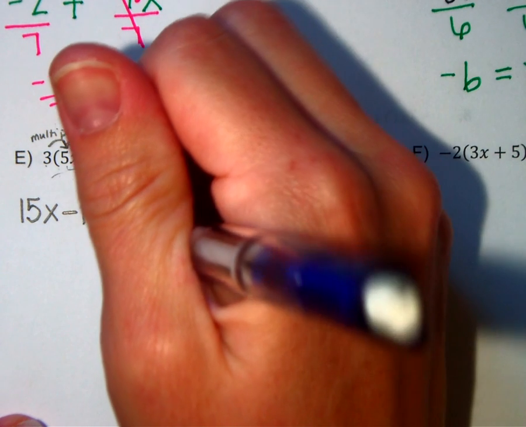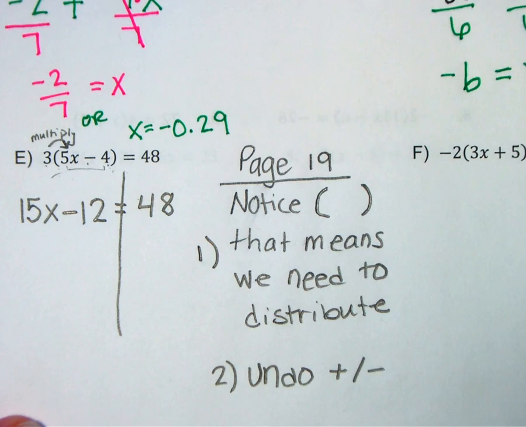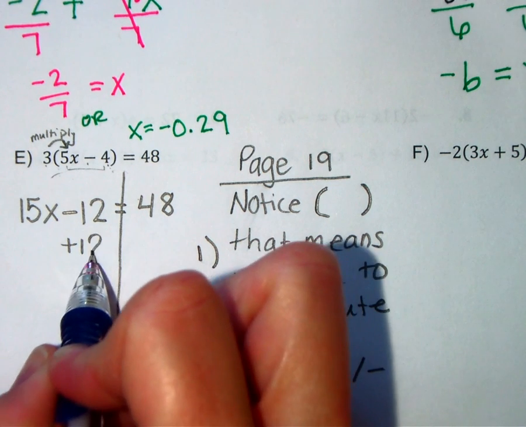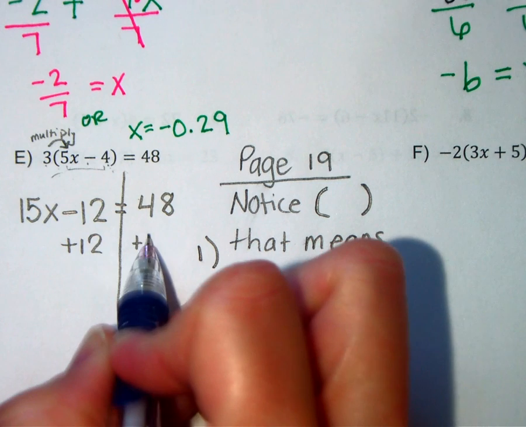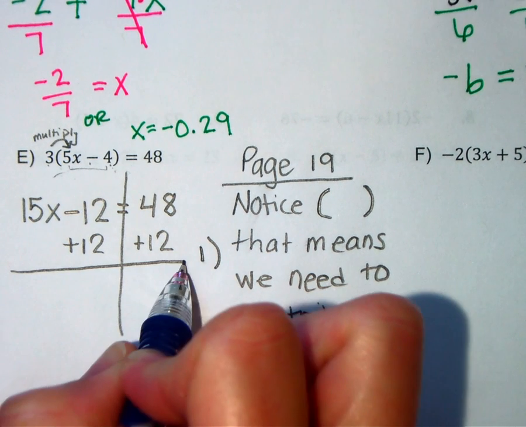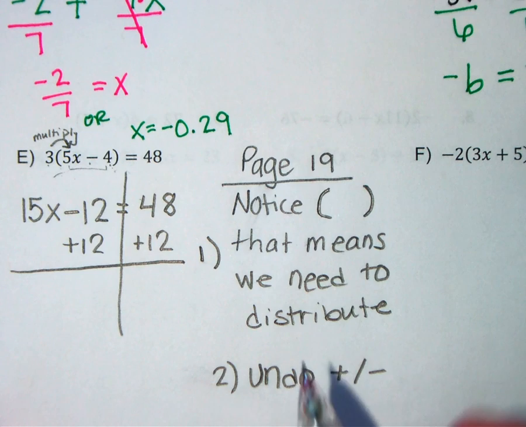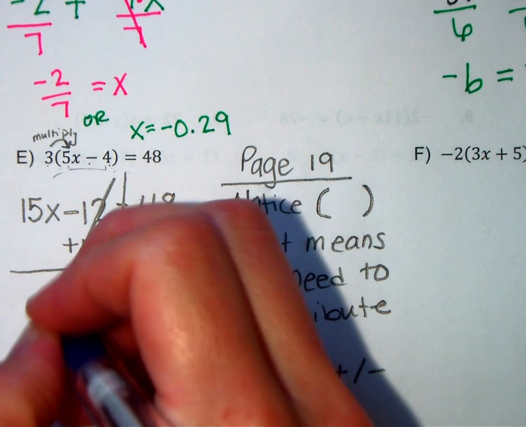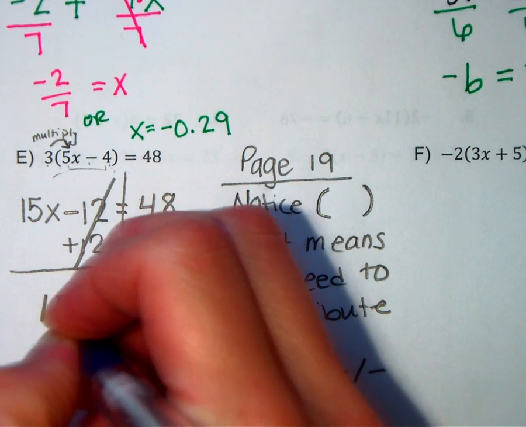Okay, so if I draw my line here, I'm going to add 12 to both sides to get rid of that. So bring down my 15 x's.